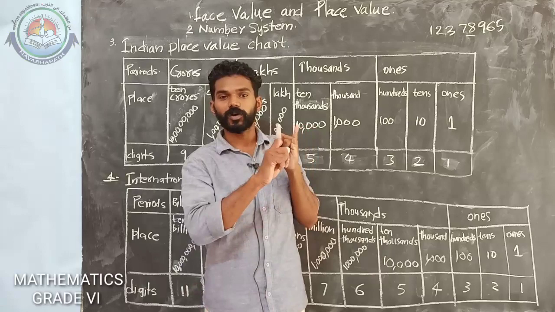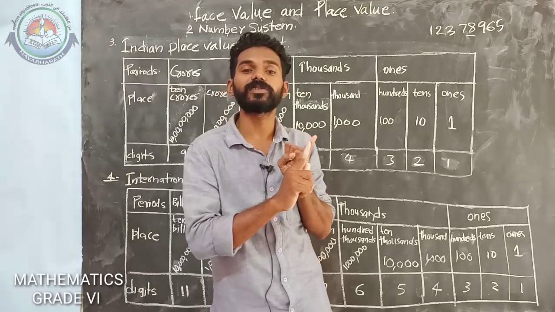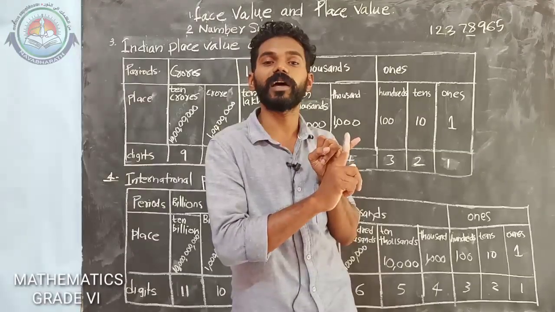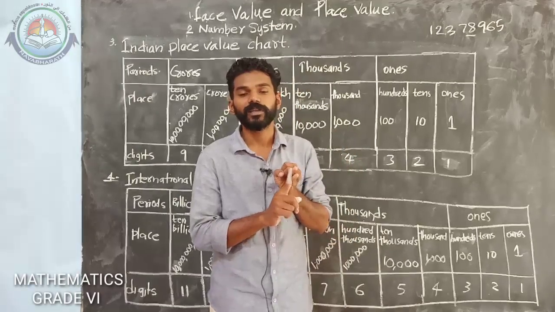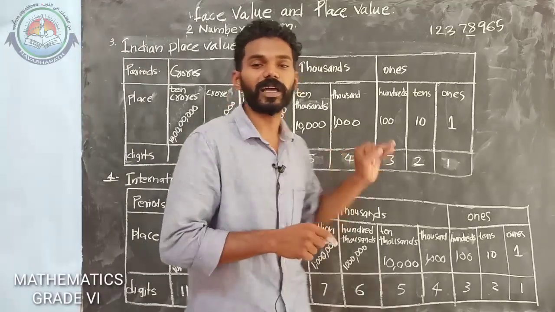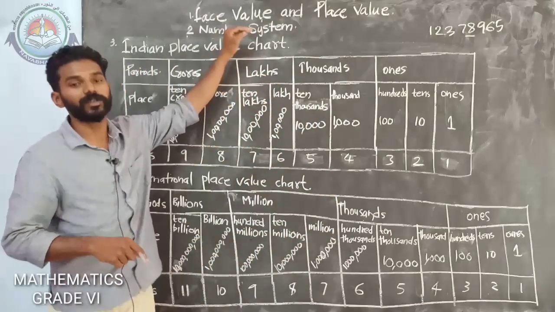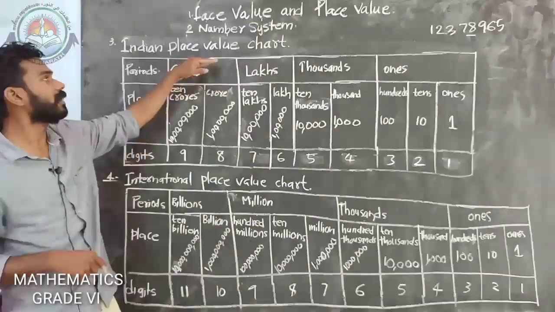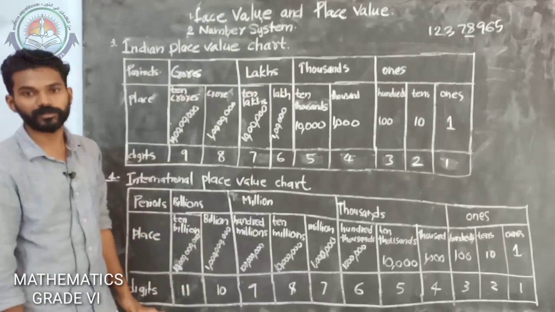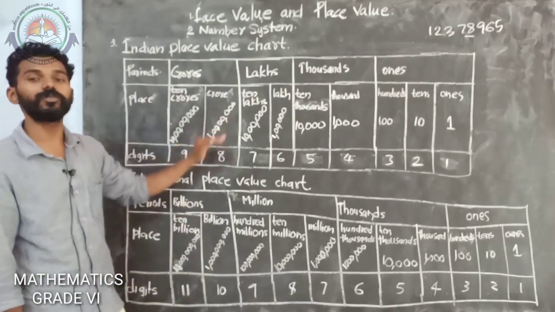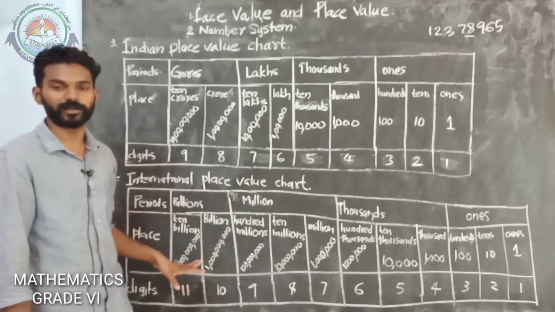So now our topic is the two number systems, Indian number system and international number system. Both can be easily studied with the help of a place value chart. There are two place value charts here.